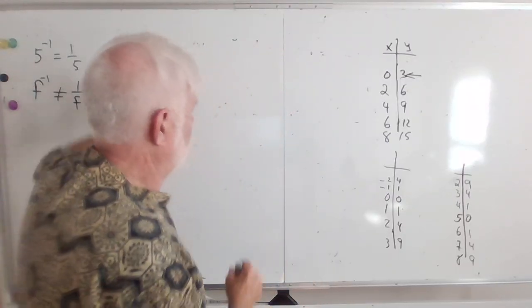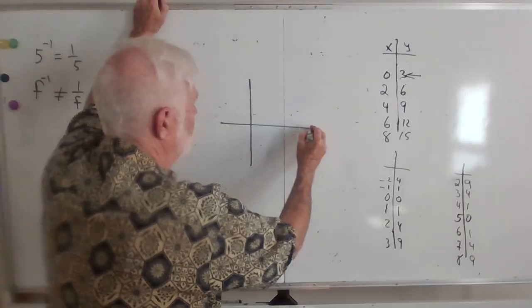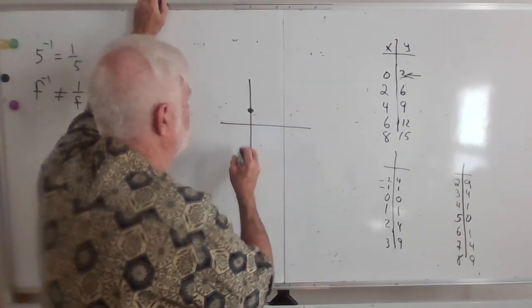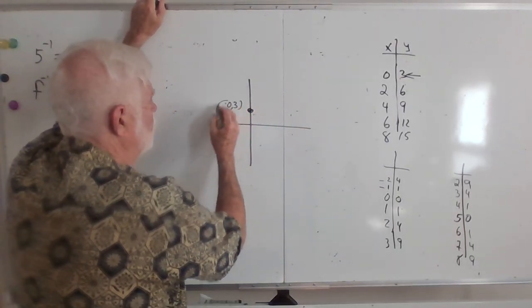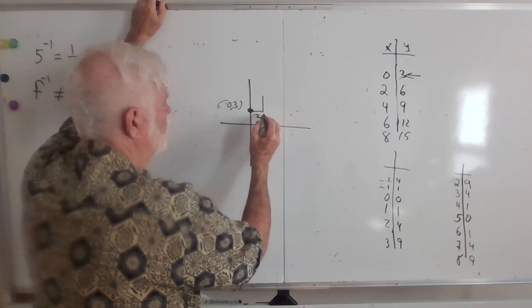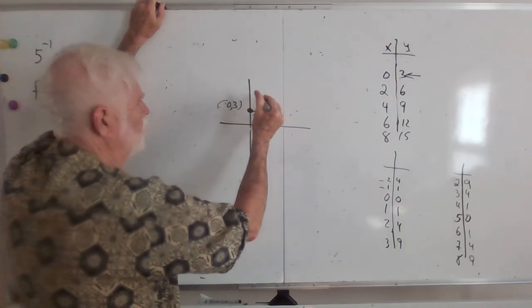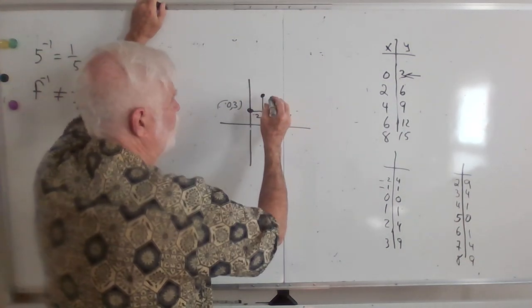All right, and so it looks to me like if we plot this, we'll call this 0, 3. We'll go over 2 and up 3. That looks about right. That's 3, that's 3. Pretty close. And then we're at 2, 6.